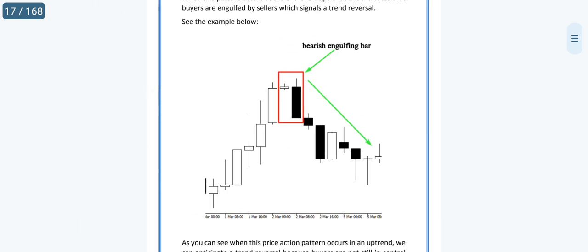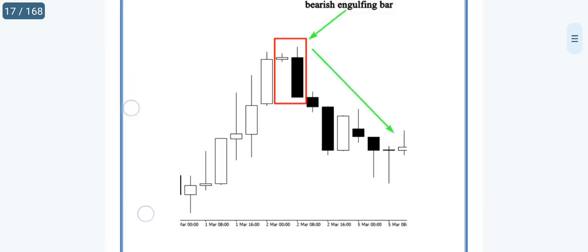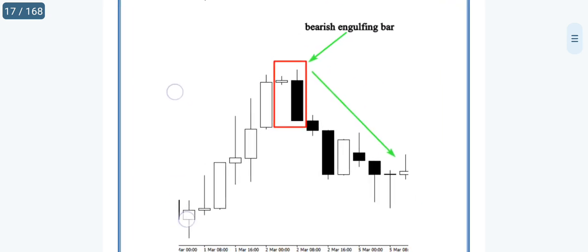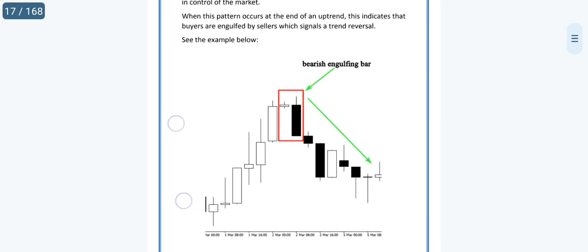We have a bearish amplifying bar, as you may see. We have the opening price and the closing price.